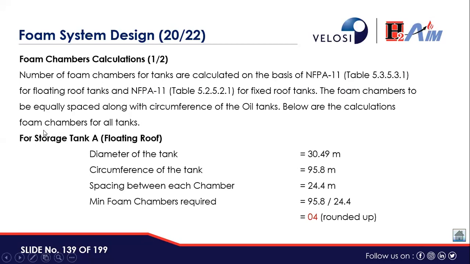Below are the calculations. Foam chambers are for all the tanks. For example, for tank A, which was floating roof: diameter, circumference of the tank, spacing between each chamber as per NFPA, and then the minimum foam chambers required are the circumference divided by the spacing. We can get the minimum foam chambers required, rounded up to 4.